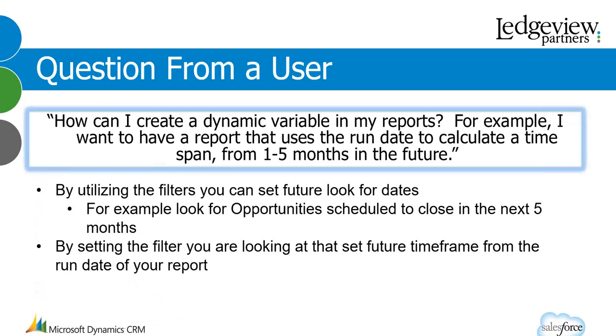Now, what's great about dynamic filtering in reports and in Advanced Find, by setting that dynamic grouping, for example, an opportunity that's scheduled to close in the next 5 months, because of the way you set that up to be the next 5 months, it's dynamic, and it's going to go every time you run that report. So if you run it now, it'll show the next 5 months. If you run it 5 months from now, it'll show the next 5 months. So by setting the filter as dynamic, you're setting the future time frame from the date you run your report.